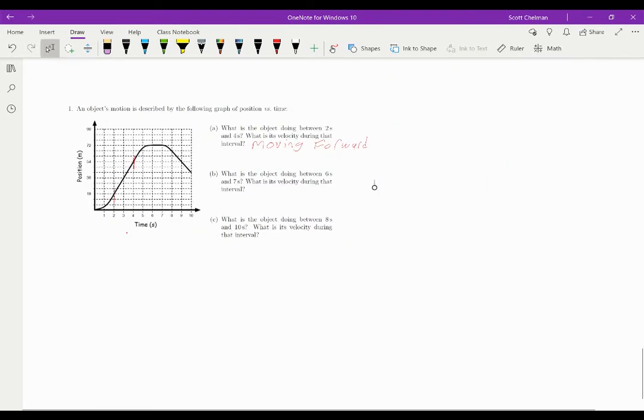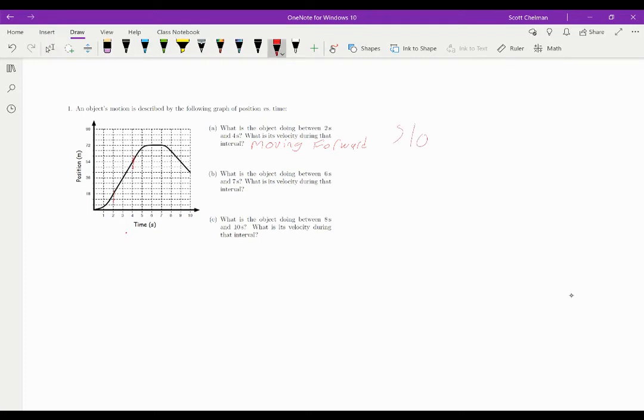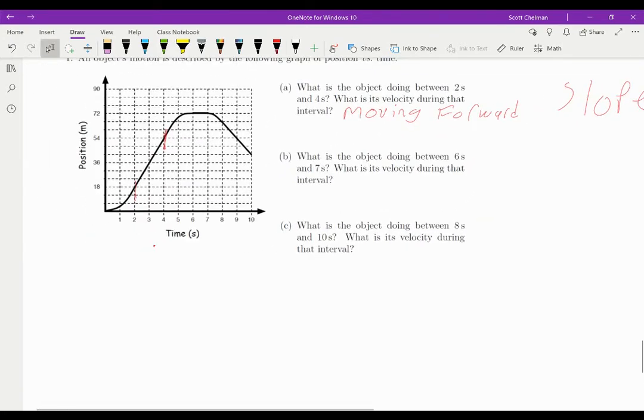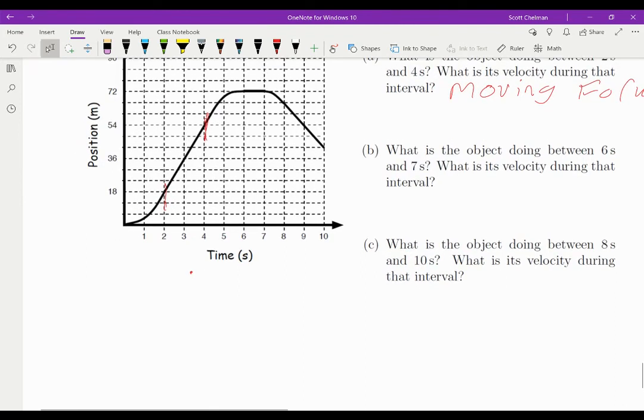What's the velocity? Now, how can we find the velocity or the speed? Yes. Distance divided by time. So we're doing the slope between 2 and 4 seconds. The y value at 4 seconds is what?